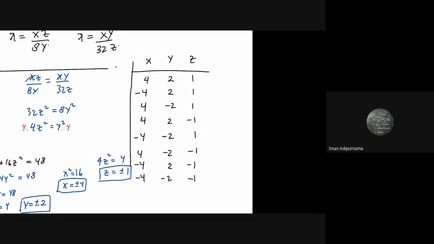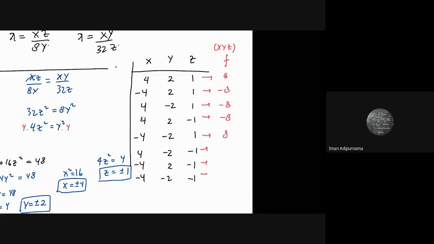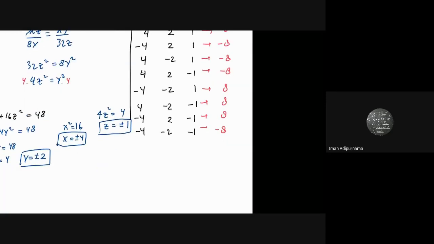Okay, 8. And then check the function, because the function is just xyz, right? So it's either 8, minus 8, minus 8, minus 8, 8, 8, 8, minus 8. So positive 8 will be the maximum, and the minimum will be -8, right? So the maximum is 8, and the minimum is -8.